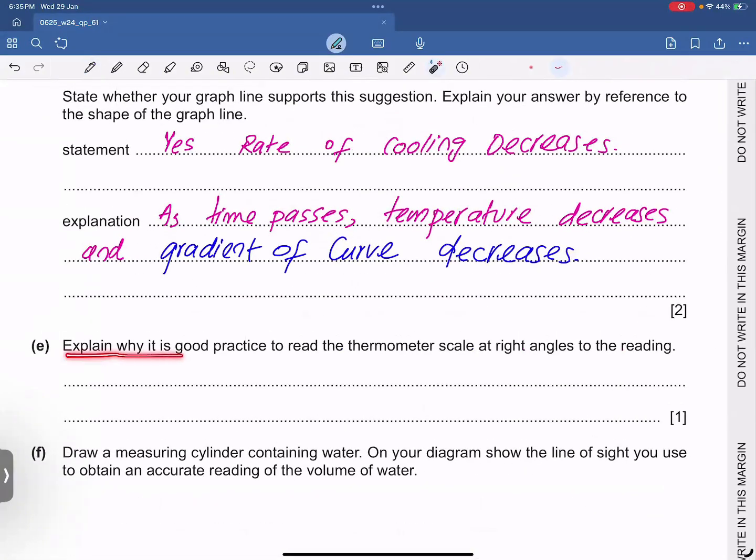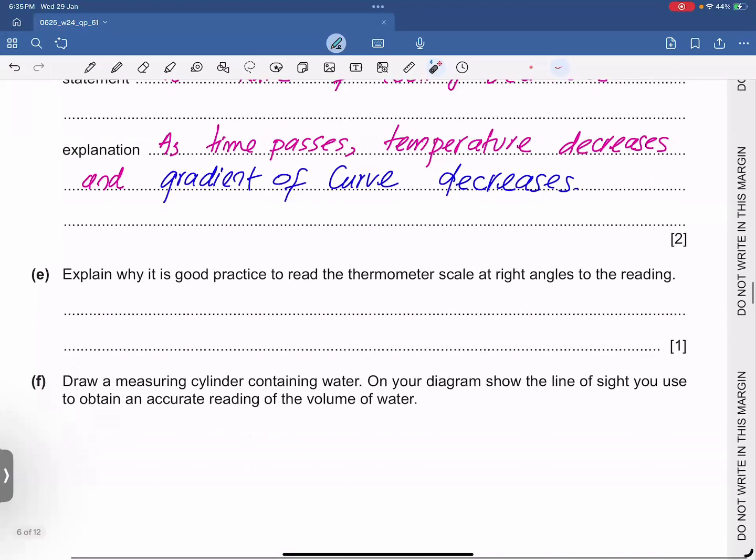It says, explain why it is good to practice to read the thermometer scale at right angles, like 90 degrees, avoiding the parallax error. Okay. So to avoid line of sight error or to avoid parallax error.